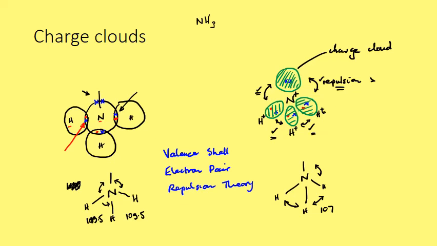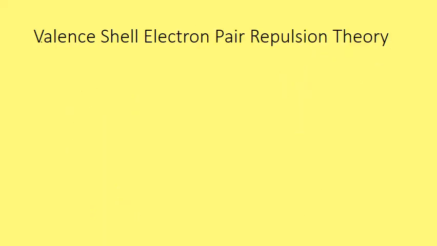Snappy name, eh? So what we're going to do is go into that a little bit deeper and summarize it on the next slide by looking at a water molecule. Just to remind you what valence means, the valence shell is just the outer shell.